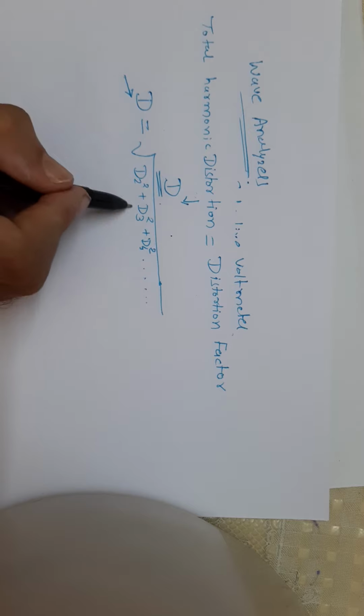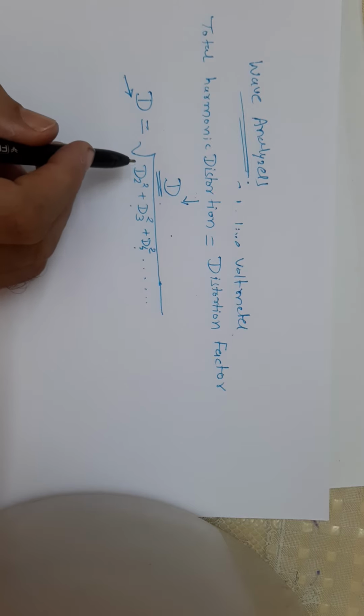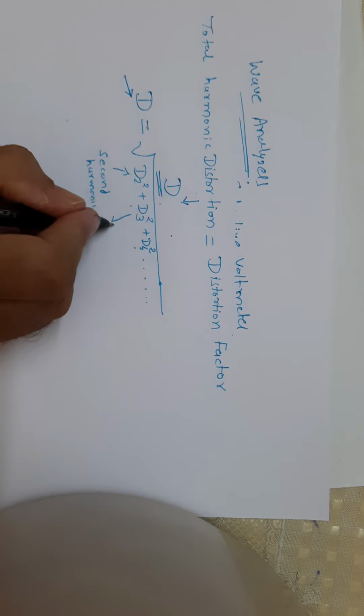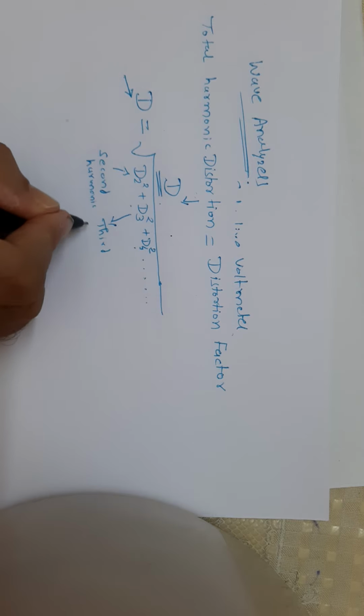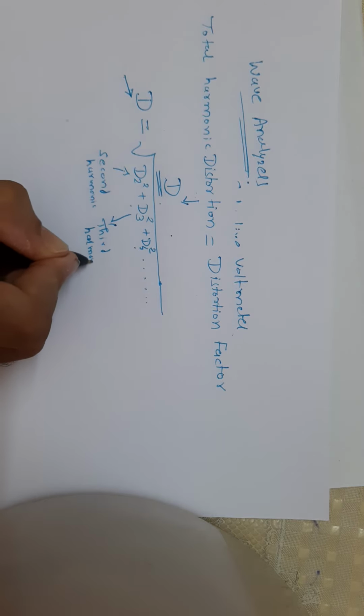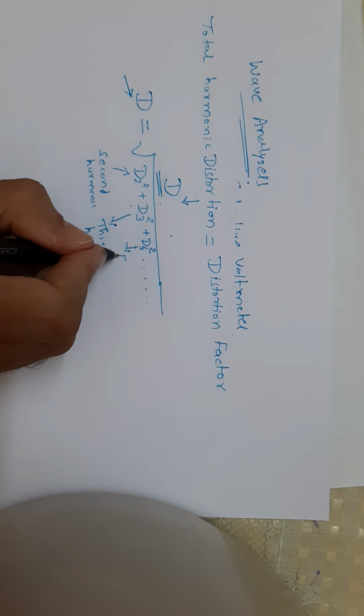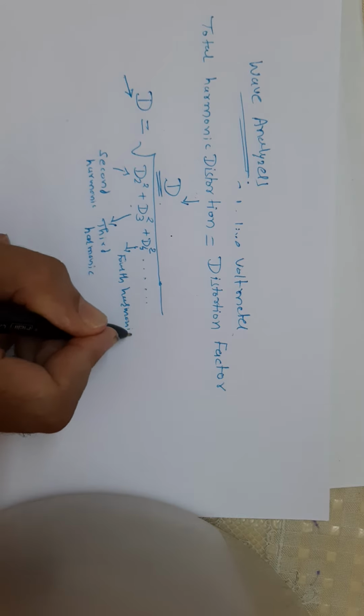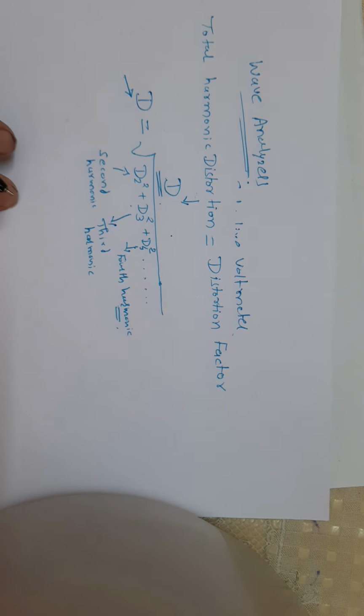What are D2, D3, D4? D2 represents the second harmonic distortion, D3 is your third harmonic, D4 is your fourth harmonic, and so on. In this way, we measure the total harmonic distortion.